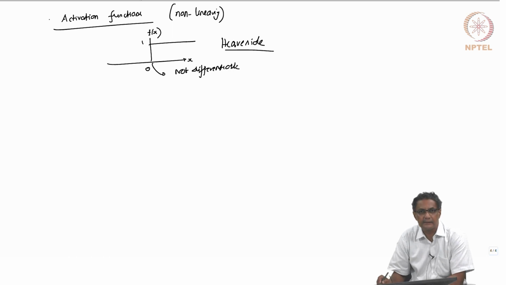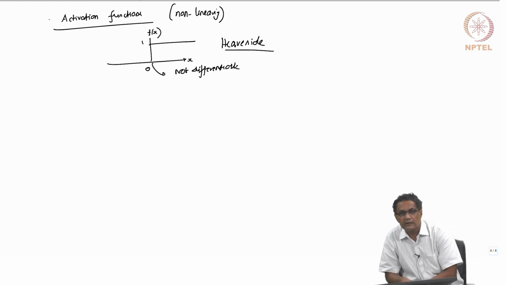What would f dash of x at 0 be? Delta. But delta is not something that you can implement in an architecture. An impulse is okay to understand mathematically, but not here.